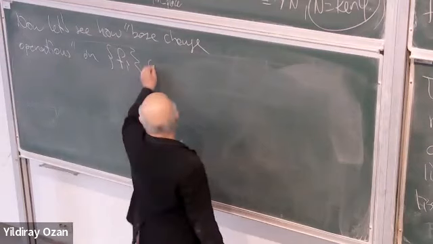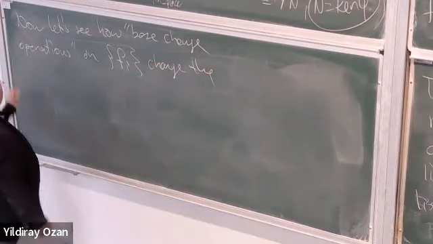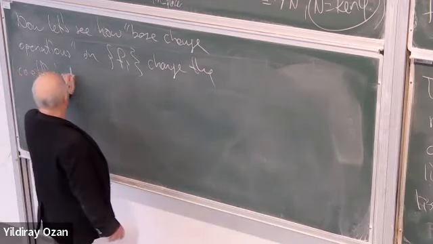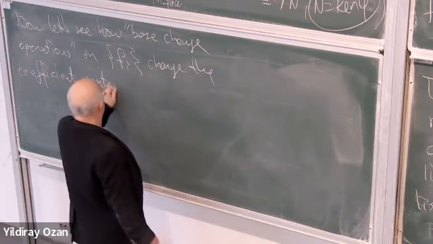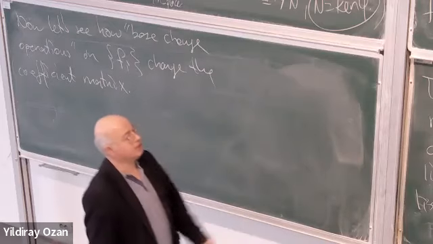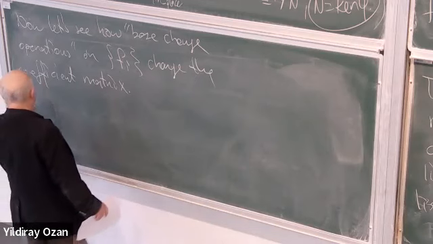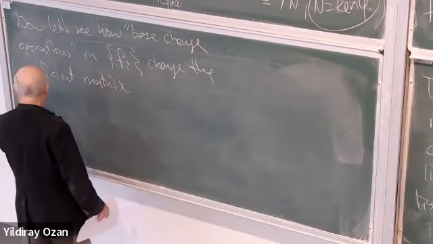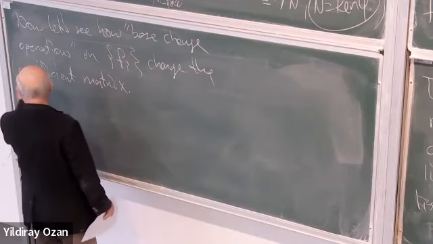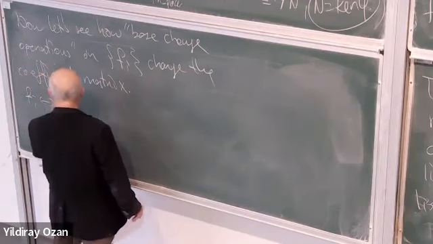on f_i's correspond to the coefficient matrix. Yani coefficient matrix'ten kastettim bu a_ij'ler. Okay, now. Well, I may interchange f_i and f_j.